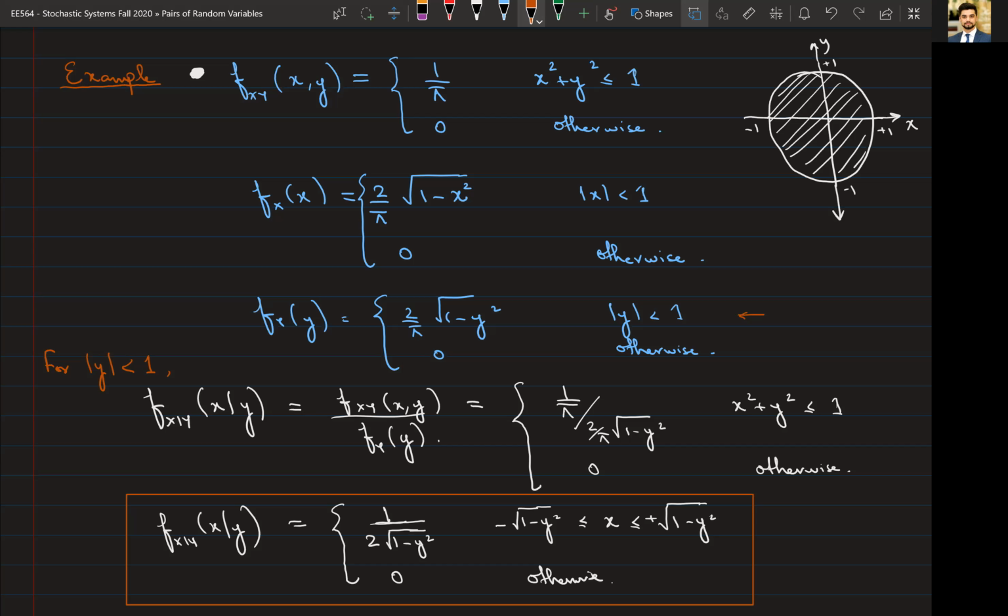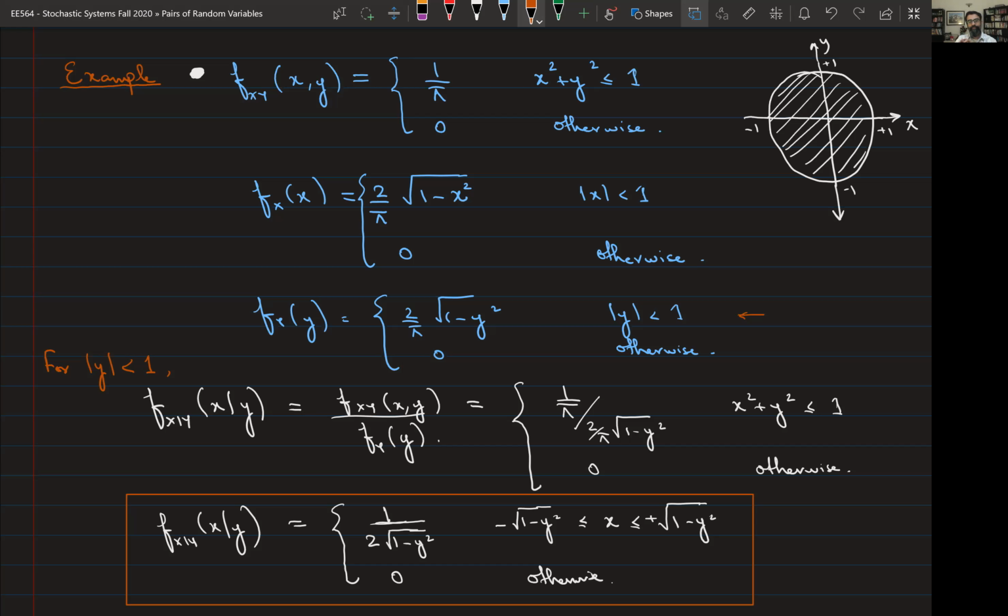It looks like a uniform distribution, and it's dependent on y. Right, excellent. But if I tell you that y is fixed, then it's a constant across all values of x. So exactly, uniform.